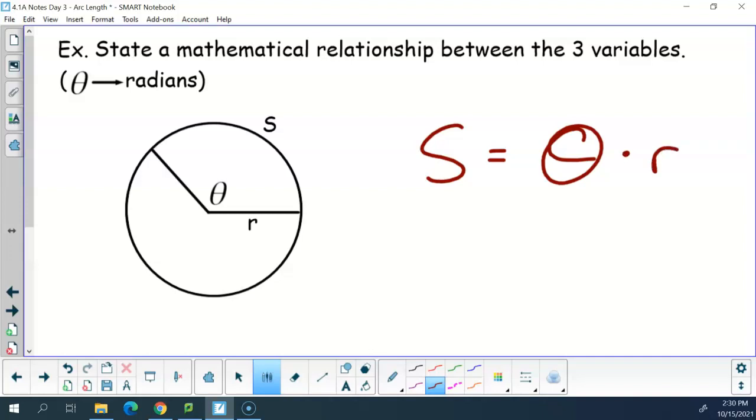In words, s is the arc length, the length along the outside edge of the circle, the perimeter of the circle, the circumference of the circle, whatever you want to call it. Theta is our central angle, and r is our radius.